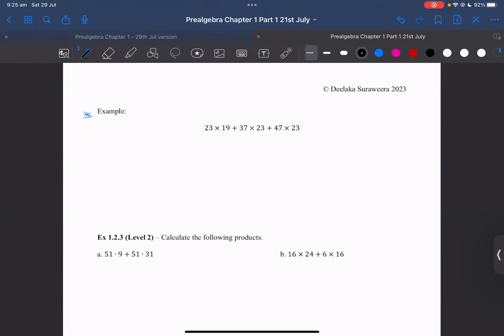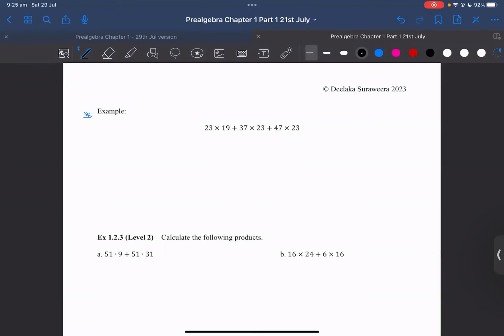Don't just use long multiplication. Try to use the distributive property here to make it easy. Think, what's a common factor for all 3 multiplications? And just put it in the chat when you finish.